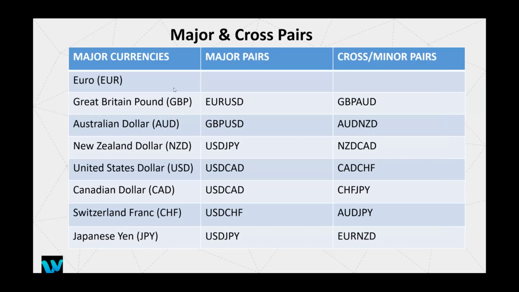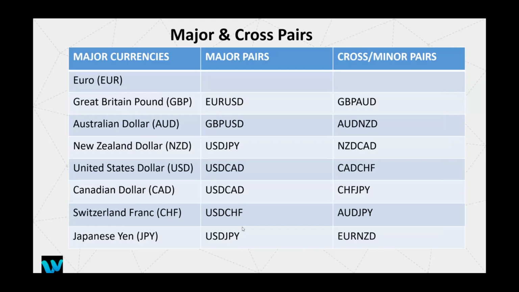Now, major pairs. We said that currencies are traded in pairs. A major pair is a combination of any of these major currencies against the United States dollar. When you pair euro, or each of these, against the United States dollar, it is called a major currency pair.